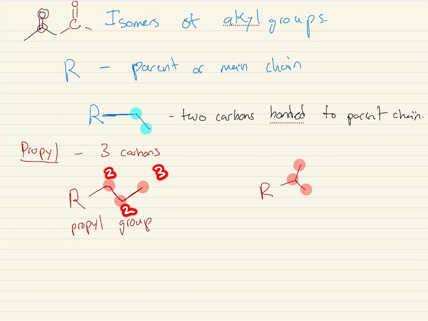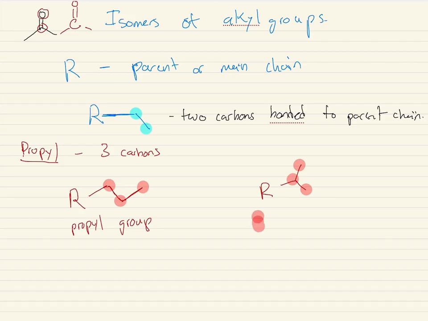So that has 7 hydrogens as well. Both of them have 7 hydrogens and 3 carbons, so they're isomers of each other. They're the same chemical formula, but the connectivity looks very different from each other. That looks like a peace sign, and that one looks like a branch. So these are called isomers of each other, and when a substituent group is an isomer of another, you have a different name, just to make things more complicated.